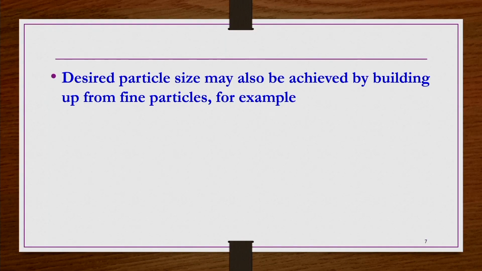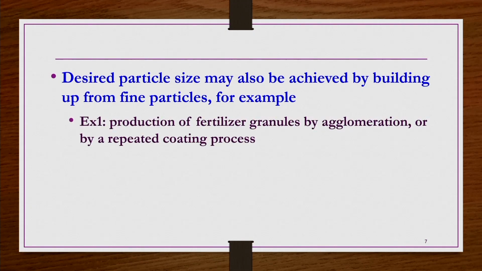The desired particle size may also be achieved by building up from fine particles, such as production of fertilizer granules by agglomeration or by a repeated coating process. Fertilizers in general undergo agglomeration. Fertilizers also need a specified size. You cannot have very fine, very small fertilizer particles, because they are used in farming.